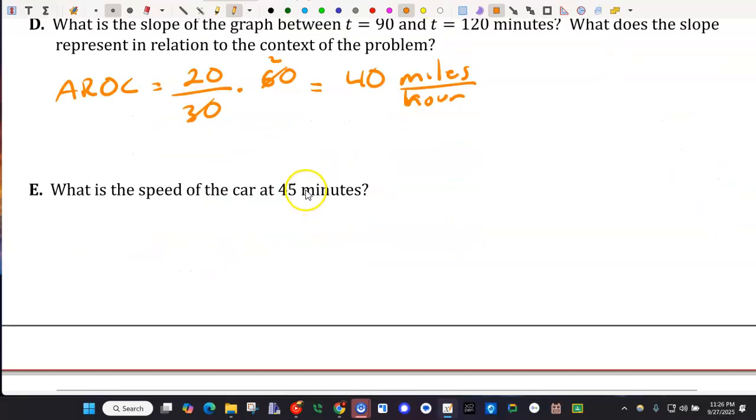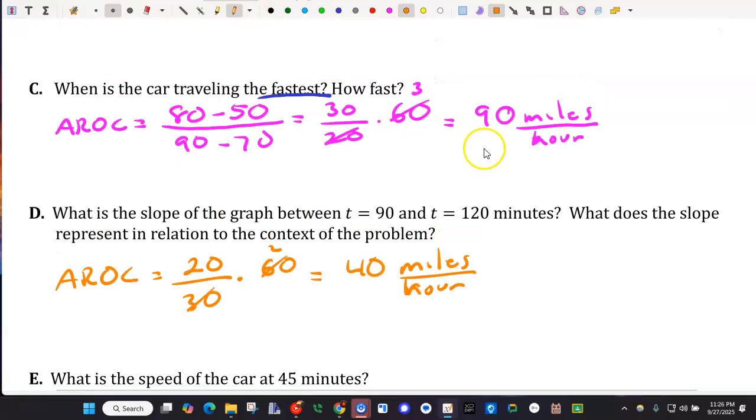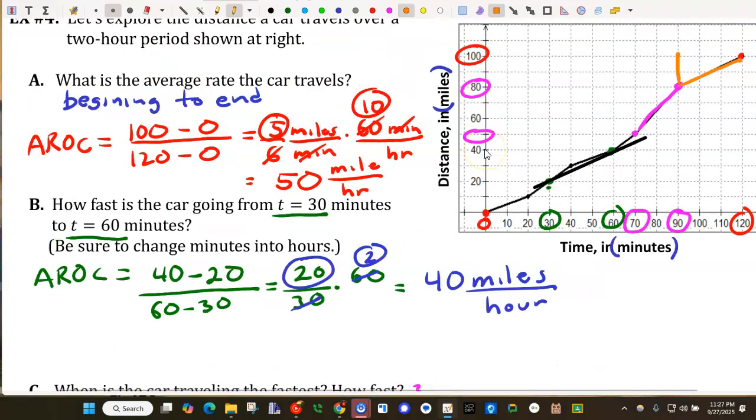All right, and it says, lastly, what's the speed of the car at 45? So at 45, that's somewhere right in between here. How can we find that? We want to do 45, that's right here.